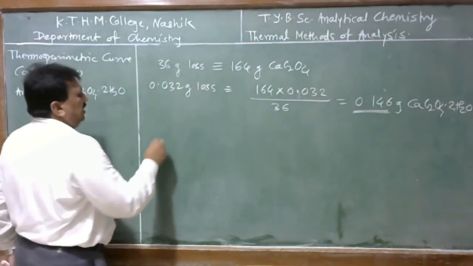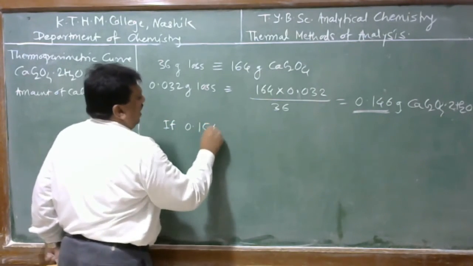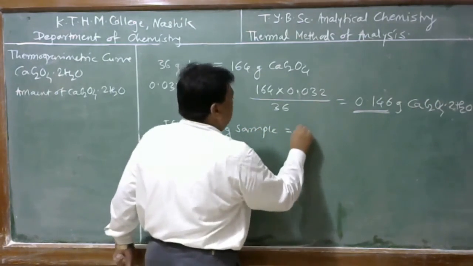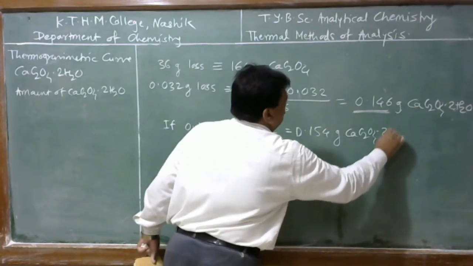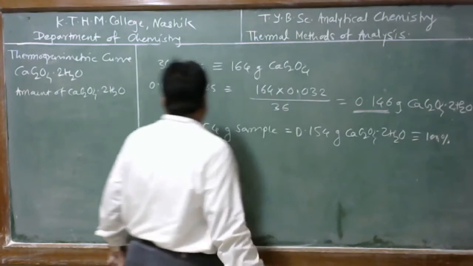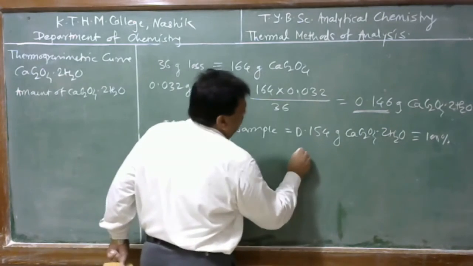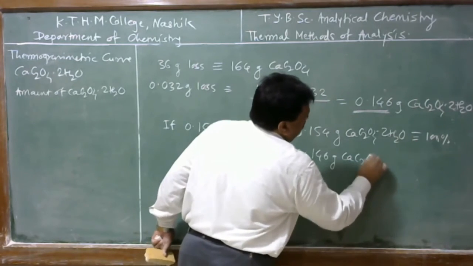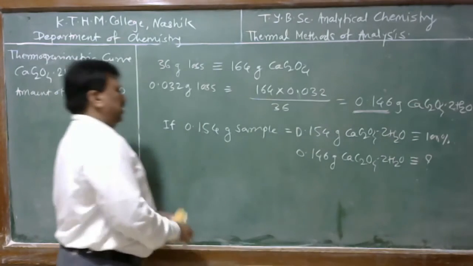Now we can say that if 0.154 gram of sample contained 0.154 gram of CaC2O4·2H2O, then it is 100% pure. But here we have 0.146 gram of CaC2O4·2H2O, therefore corresponding to how much purity?